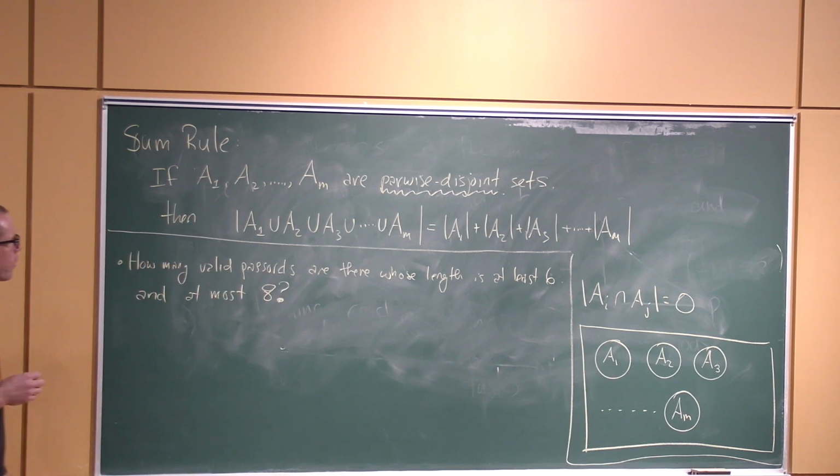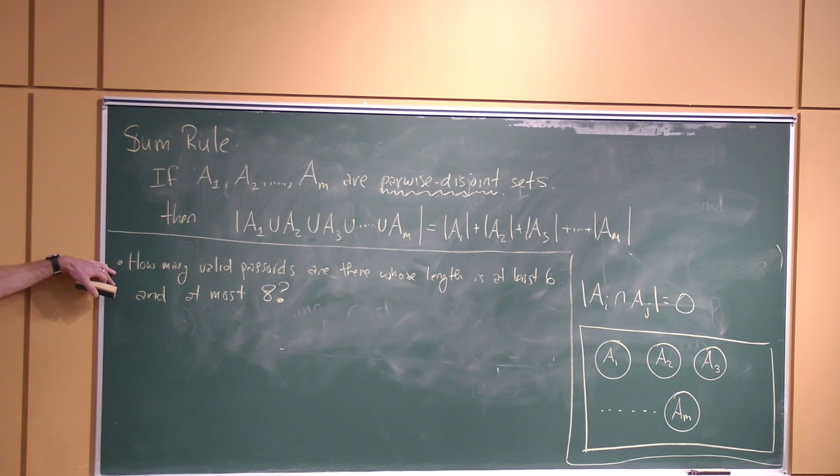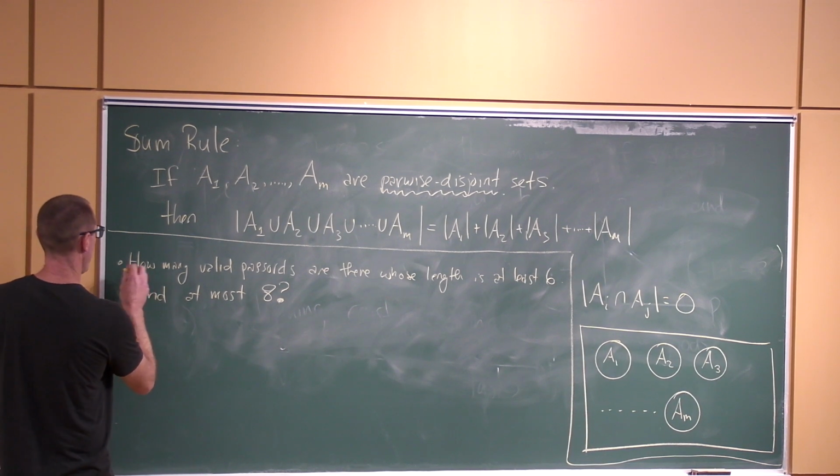So this is the set of things that I want to count. This is my set A. It's the valid passwords whose length is at least 6 and at most 8. And a valid password is a string that contains at least one digit.